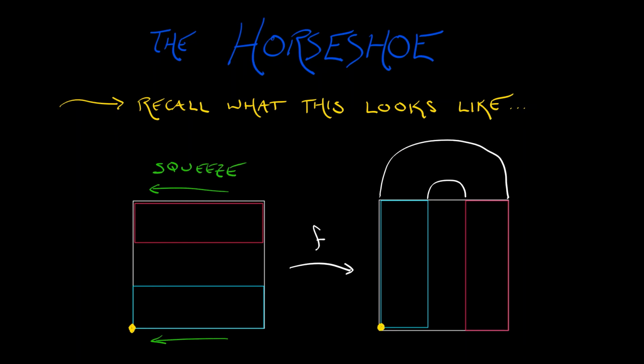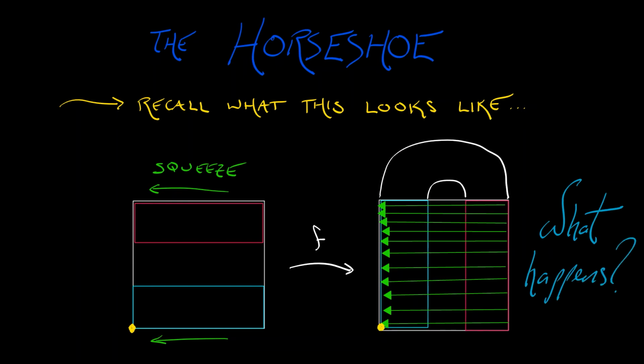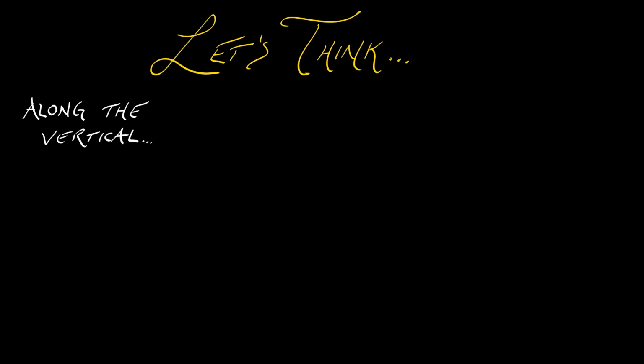So if we think about what happens if you just keep squeezing, squeeze the entire square down to an interval, what do we see? Well, let's think about what happens along the vertical side of the square after we've collapsed everything out horizontally. We have those two horizontal strips, the lower one and the upper one, that under the action of the horseshoe map get stretched out to be vertical strips.